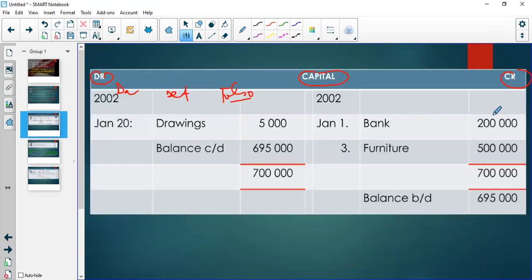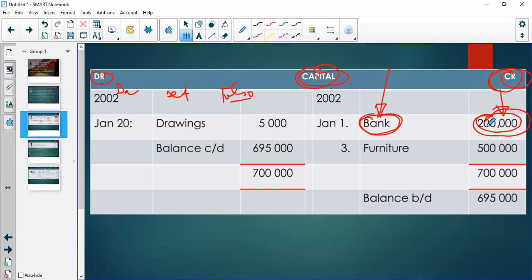On the credit side, we enter 200,000. Then the contra account is the bank. We say the bank is the contra account because we came to the capital account, and on the credit side of the capital account we entered an amount of 200,000. That means we credited the capital account with 200,000.